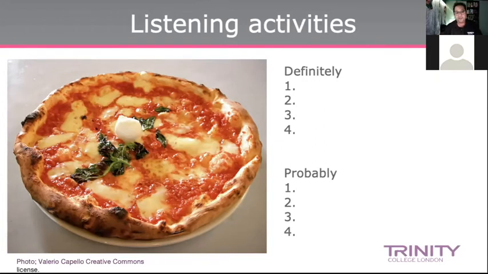This way, they firstly become predictive learners, in the sense that they're guessing which words they feel will definitely be associated with the picture, and what are the surrounding words you may use in the probably section. So the students basically try and predict the words that they're going to hear, or that you're going to use, while talking about this particular picture.